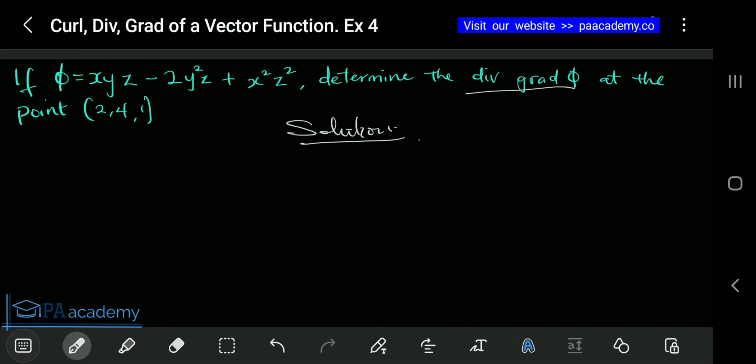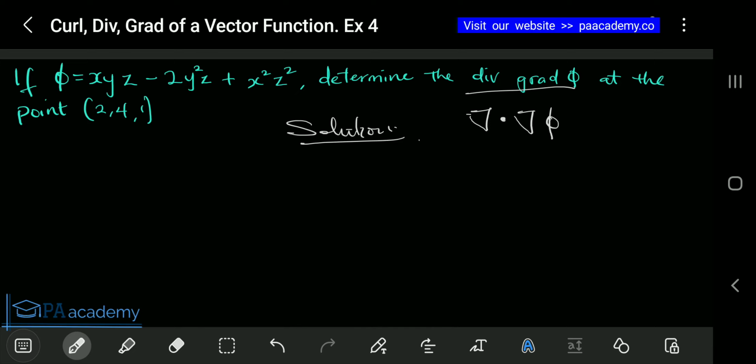So basically, in summary, what you are asked to look for is the div of the grad of phi. Once you are doing a question like this, always start from the right.